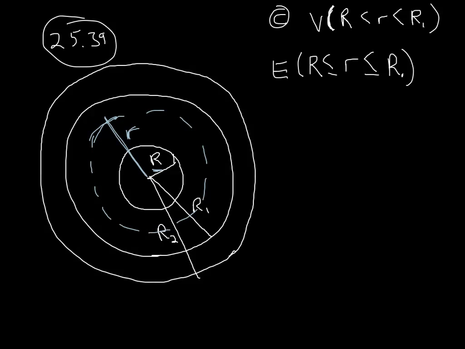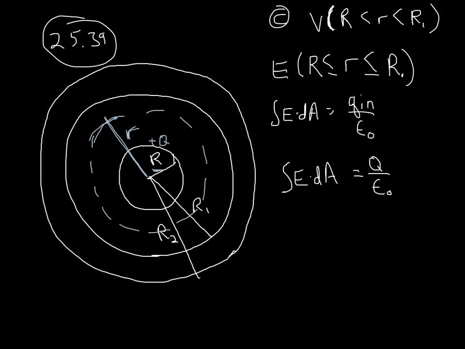I'm going to use Gauss's law: the integral of E dot dA is Q inside over epsilon naught. The charge that I'm enclosing in this case is all the charge that's spread out around this sphere. That charge was equal to plus Q. So the charge enclosed is Q over epsilon naught, and that's equal to the integral of E dot dA.